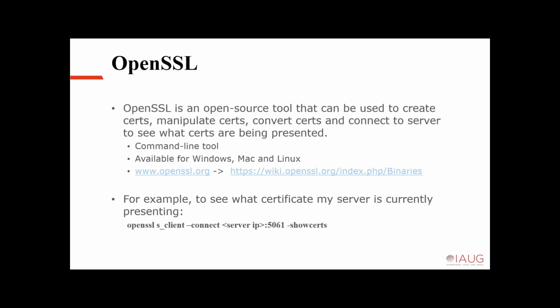So if I want to see what my server is currently presenting, I can use this tool: openssl s_client -connect, my server's IP address or host name or whatever I might have, :5061, -showcerts.